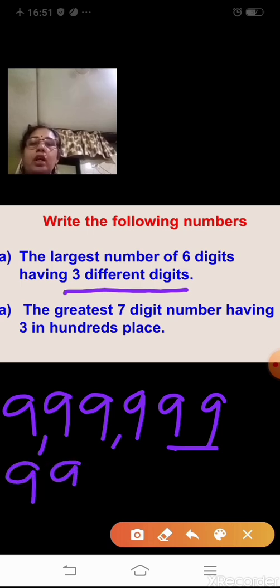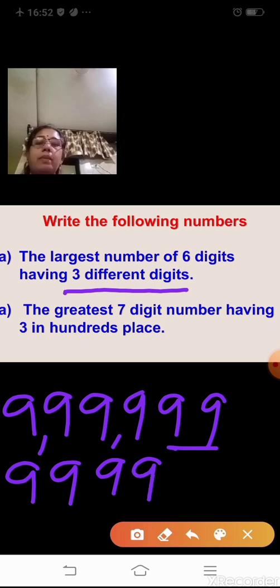We'll write 9, 9, 9, 9, and the next large number after 9, that is 8 and then 7. Now suppose if you are writing 7 and 8, it will become a smaller number. So you will write the largest number first, after 9, 8 and then 7.